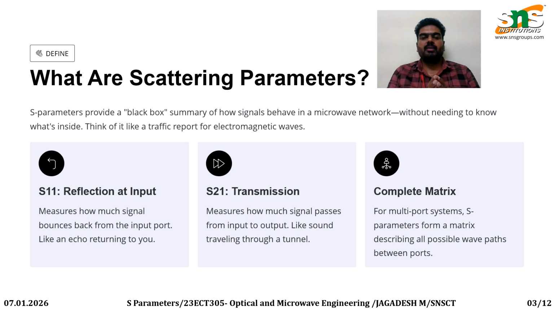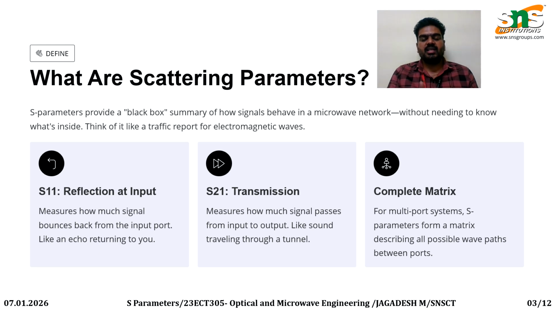In the previous episode, I told that microwave frequency is a very large frequency, in the gigahertz range, and is used in satellite communication also. So the behavior of the signal can be understood only by means of the scattering parameters.